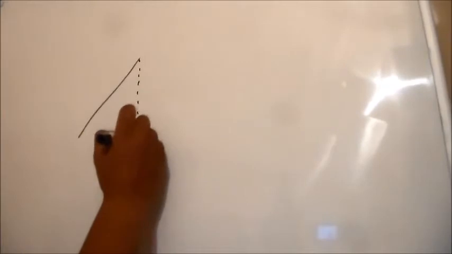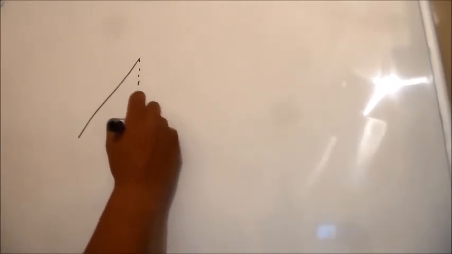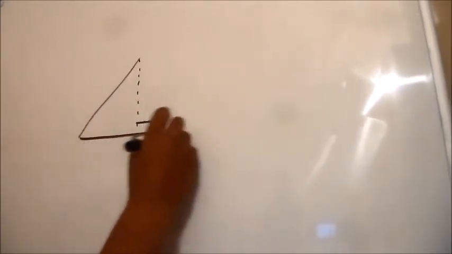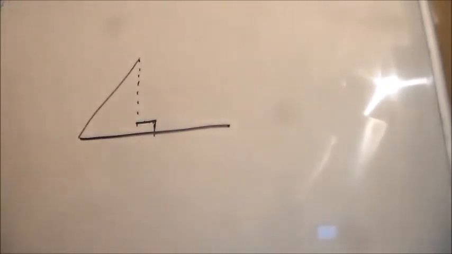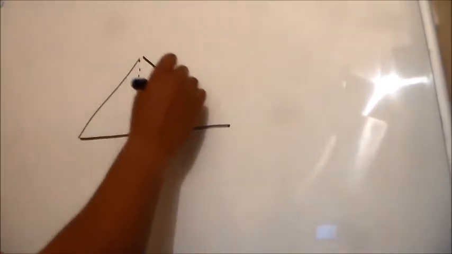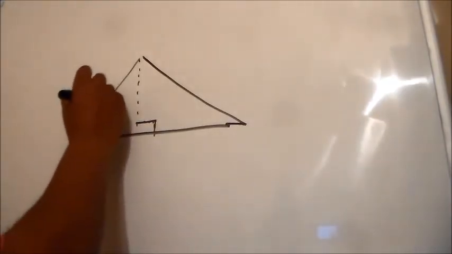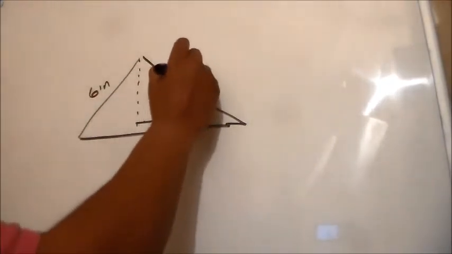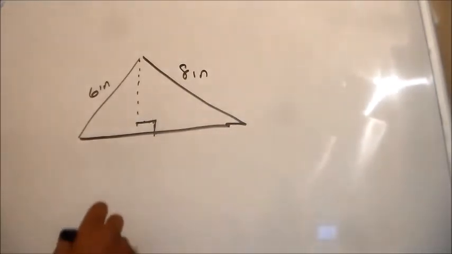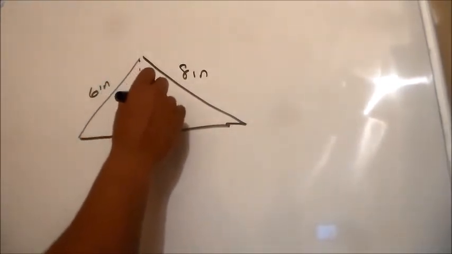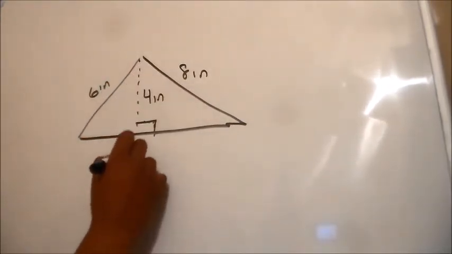Okay, so let's look at triangles. So let's say we have a shape, or a triangle. Call it a shape. Right angle. And got a little bit elongated there. We have 6 inches here, 8 inches here, 4 inches here, and 11 inches on the bottom.